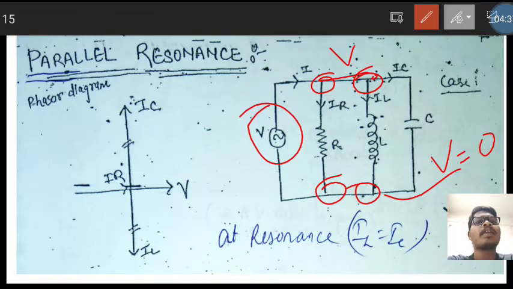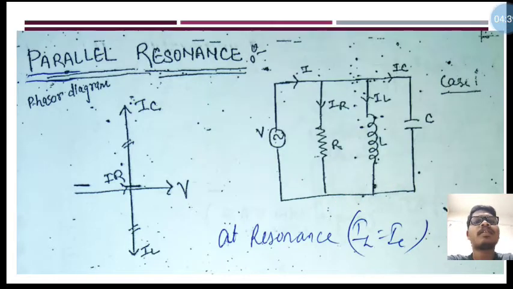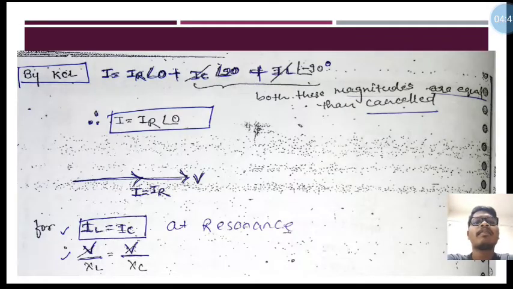Now consider the KCL equation, Kirchhoff's current law. The total current is equal to the current across the resistance with phase angle 0, plus the current across the capacitance with phase angle 90 degrees, because it leads the voltage by 90 degrees in the anti-clockwise direction, plus the current across the inductance.